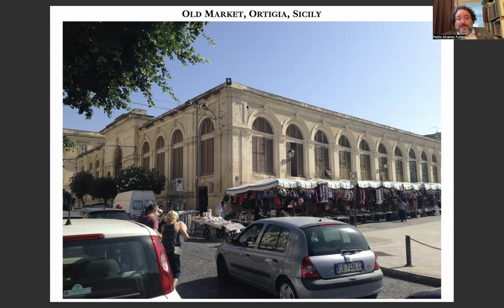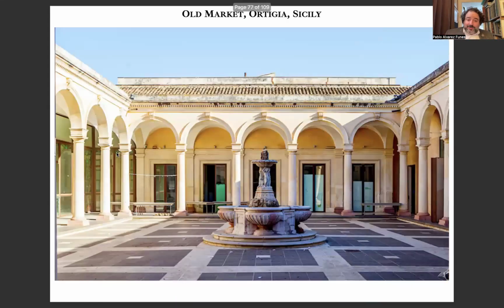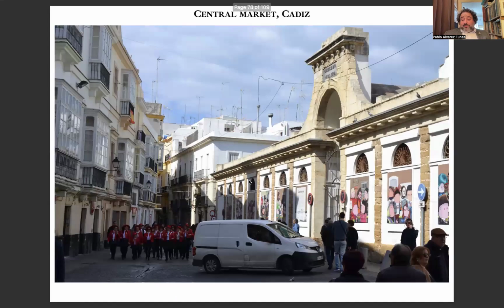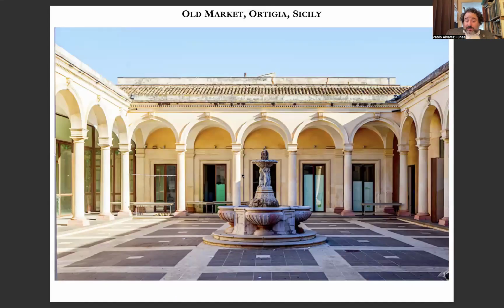So this market in Ortigia in Sicily has an entrance, which you can see here to the left, and then the whole development of the building, excluding the flanking corners, is just a succession of arches with a very beautiful courtyard inside. The thing is that all the stalls would be both in each of these doors and also within the square. So that's the beauty of these markets.